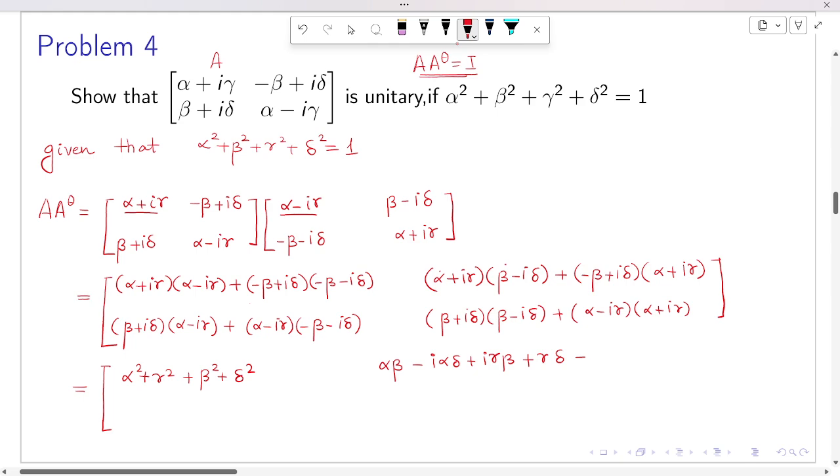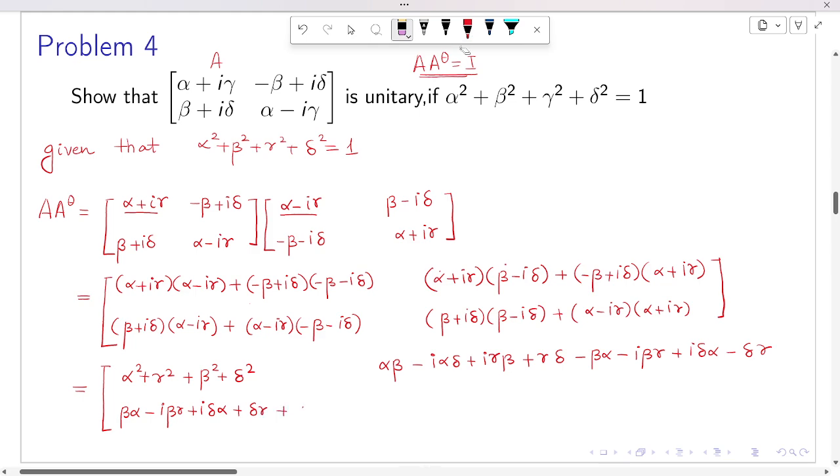Then next, minus beta alpha minus iota beta gamma plus iota delta alpha minus delta gamma, and also beta into alpha minus iota beta gamma plus iota delta alpha plus delta gamma.